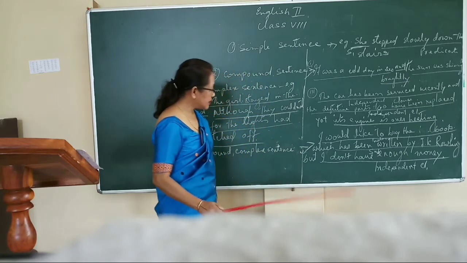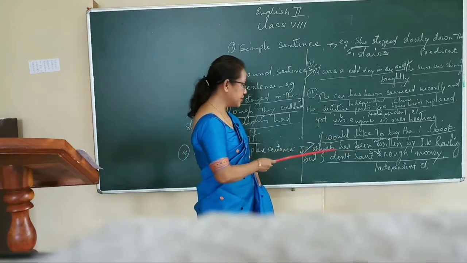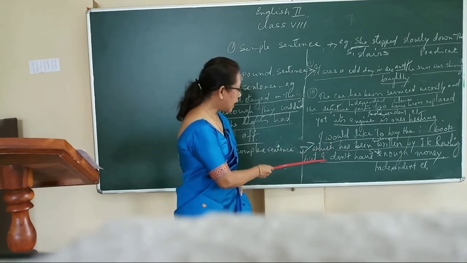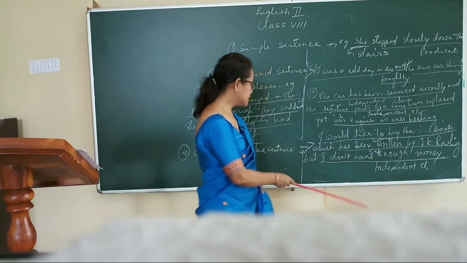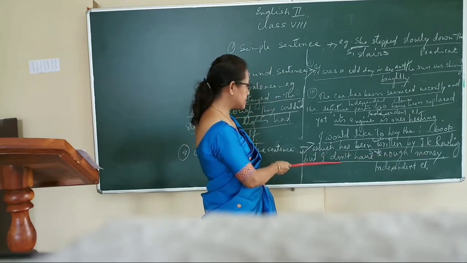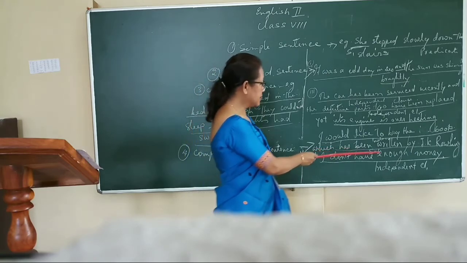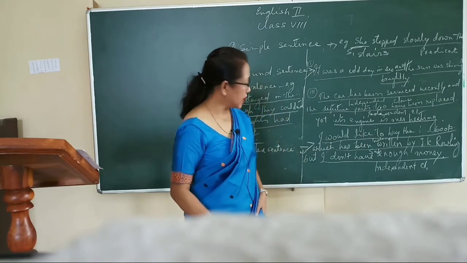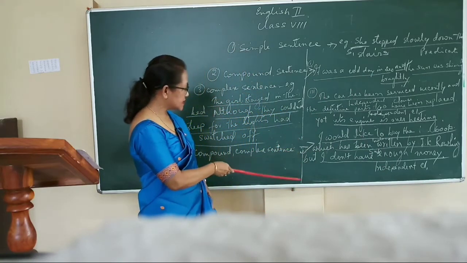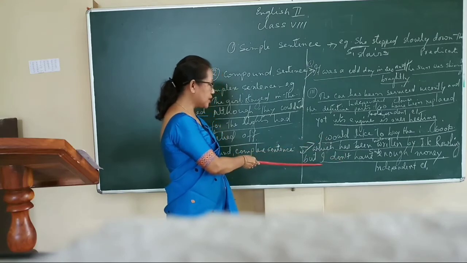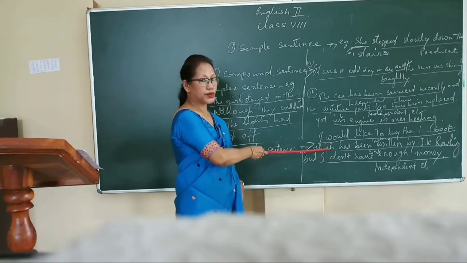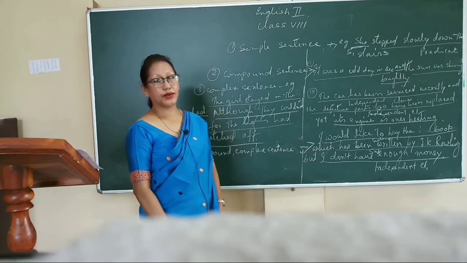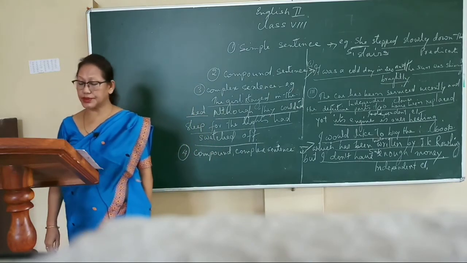Here you can see, I would like to buy the book is an independent clause. I do not have enough money is an independent clause, and which has been written by J.K. Rowling is the subordinate clause. So this compound complex sentence consists of 2 independent clauses and 1 subordinate clause, and can have more than 1 subordinate clause too. Okay, now I think it is clear to you.